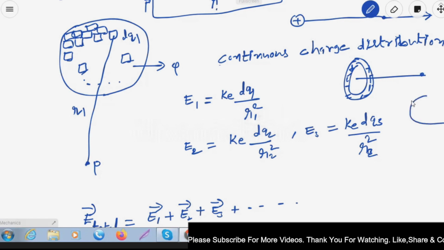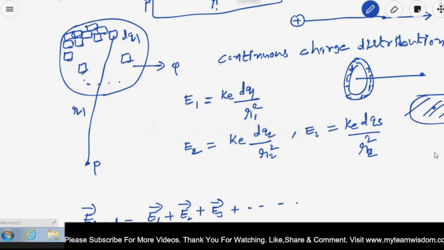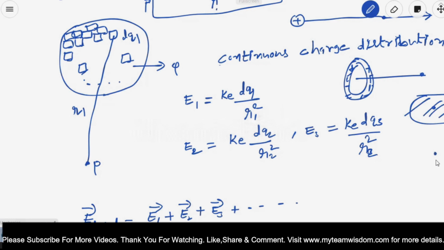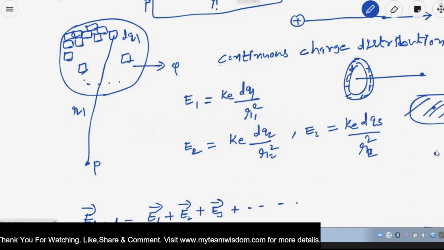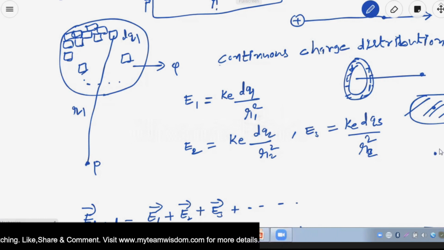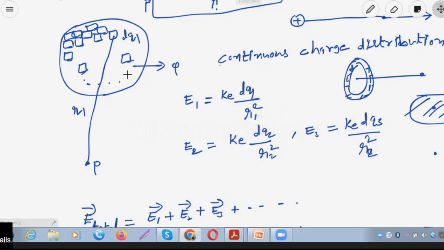Or if you take a charged disk, a CD disk, and you are supposed to calculate the electric field at this point, then that formula is not helpful for you. To some extent it will be helpful, but it will not extend to continuous objects. So for continuous charge distribution objects, we are treating them in the form of point charges.